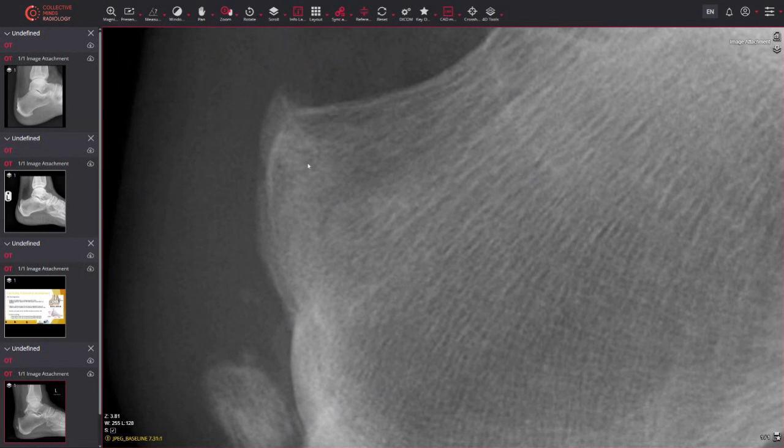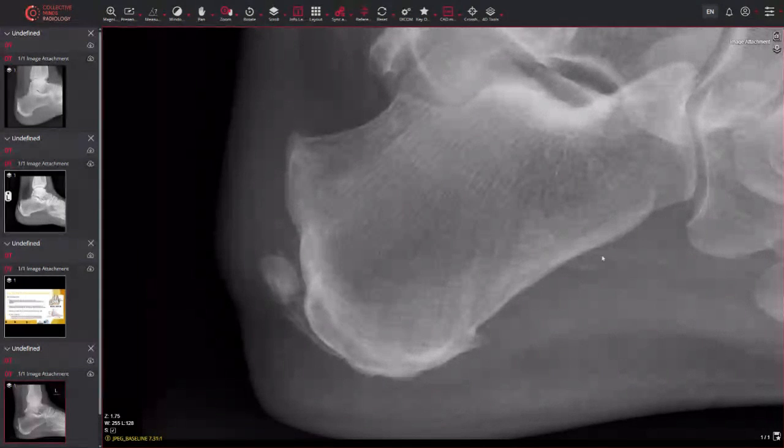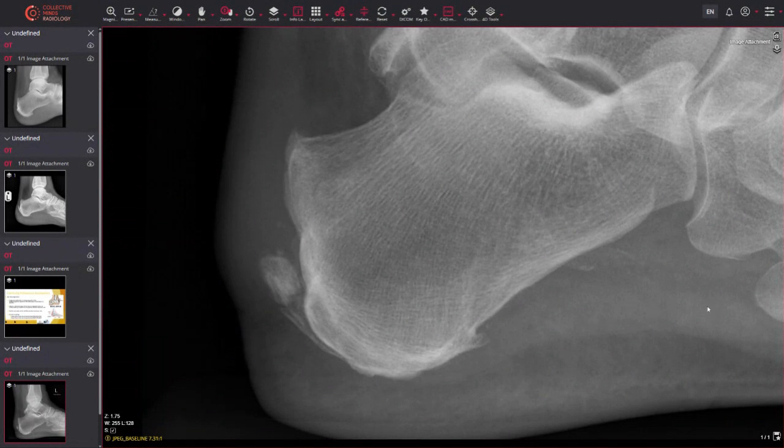So that's your Haglund's deformity. We've still got marked enthesopathy here at the Achilles, and we do have that soft tissue swelling associated with it as well, and a small plantar calcaneal spur. We do have some soft tissue calcification there. Sometimes you can get calcification of the plantar fascia. You can get that with plantar fasciitis.